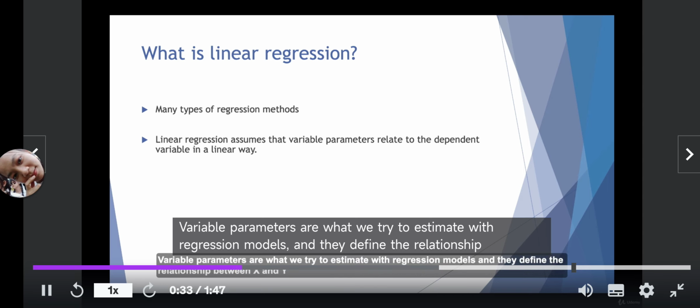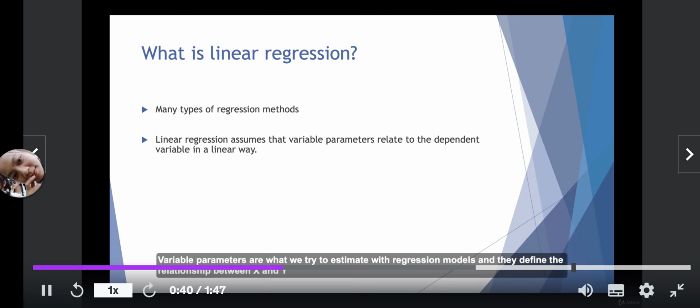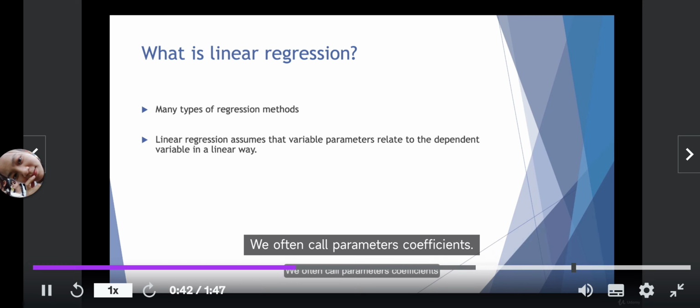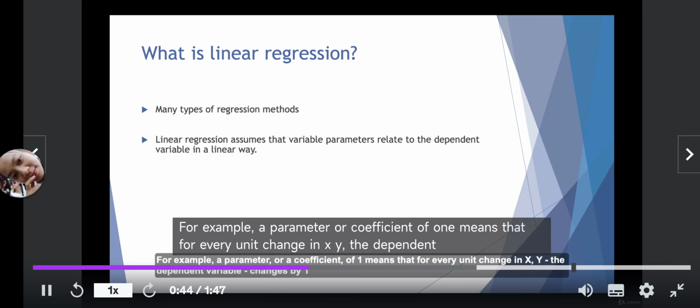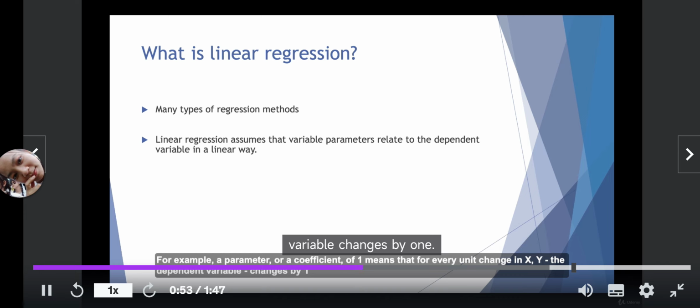Variable parameters are what we try to estimate with regression models, and they define the relationship between x and y. We often call parameters coefficients. For example, a parameter or coefficient of 1 means that for every unit change in x, y, the dependent variable, changes by 1.